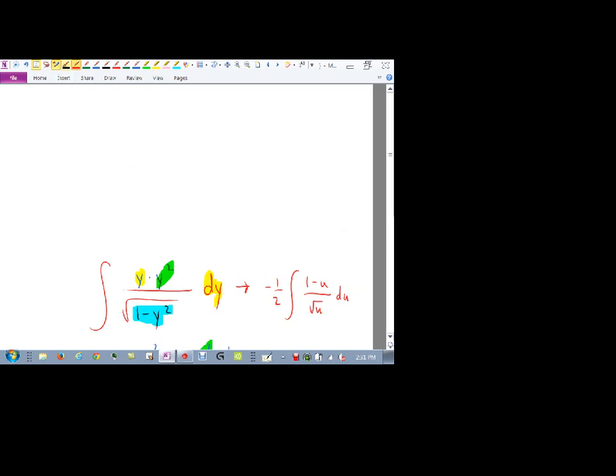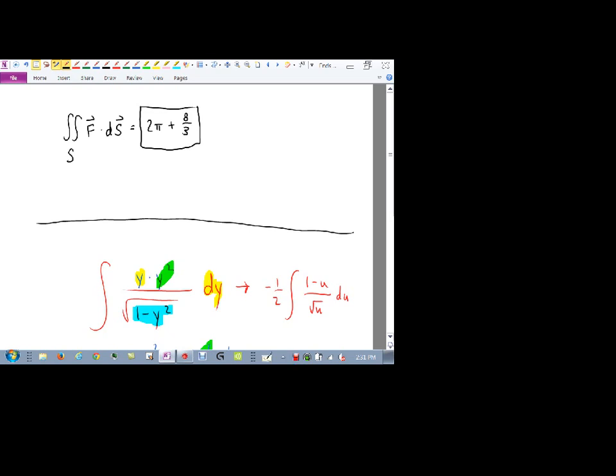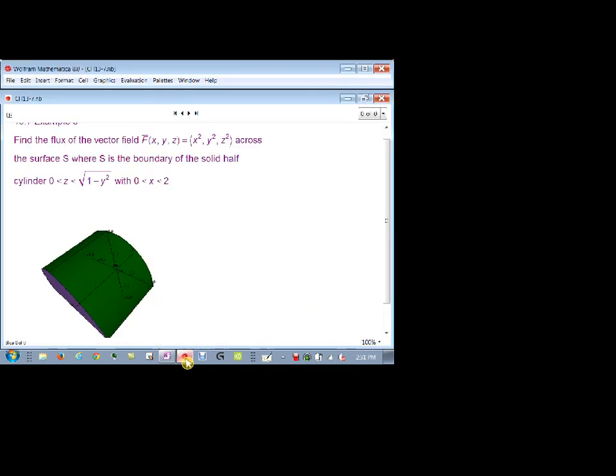So to answer this, the total flux over the entire surface of F dS, the entire thing, is going to be 2 pi plus 8/3. Okay. And that ends that section.